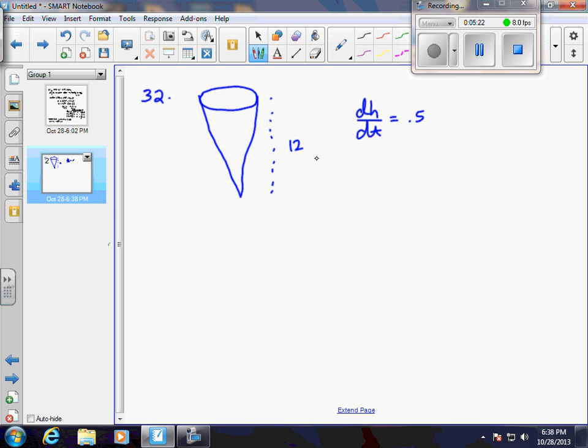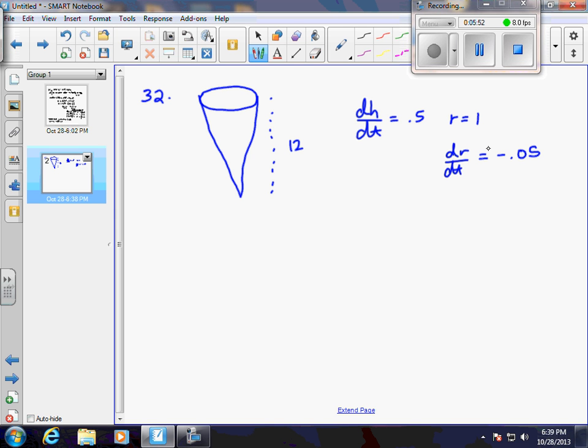At the time when the height is 12, it says the radius is 1, and the radius is decreasing at a rate of 5/100 centimeters per hour. So you have to represent decreasing as a negative. So this icicle is getting more narrow.